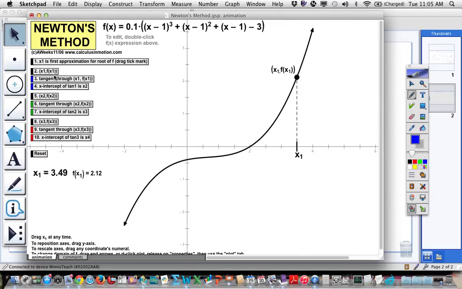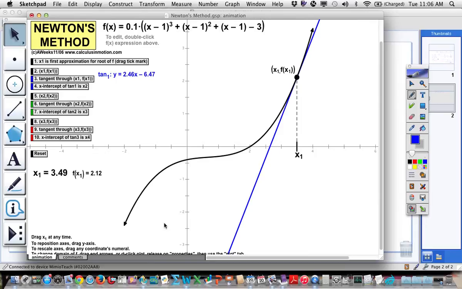Okay, here's what we're going to do. What Newton's method says is, if you draw a tangent line at that point, and if we're close to where the graph crosses the axis, then the line will cross about that same place. Sorry, people watching the video, you won't see this, but I'll do it over here.